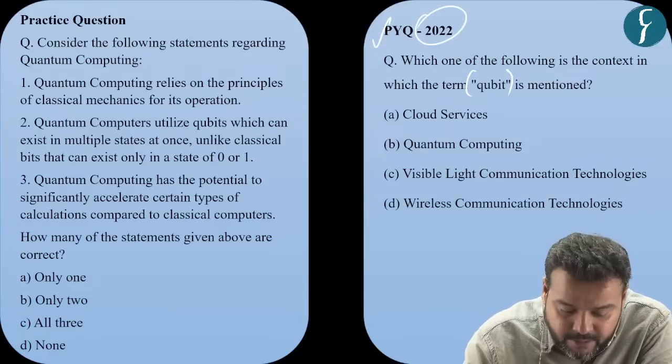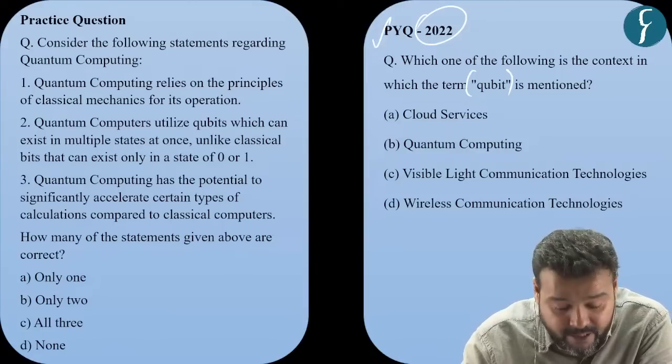The question says, consider the following statements regarding quantum computing. Statement 1 says quantum computing relies on the principles of classical mechanics for its operation.